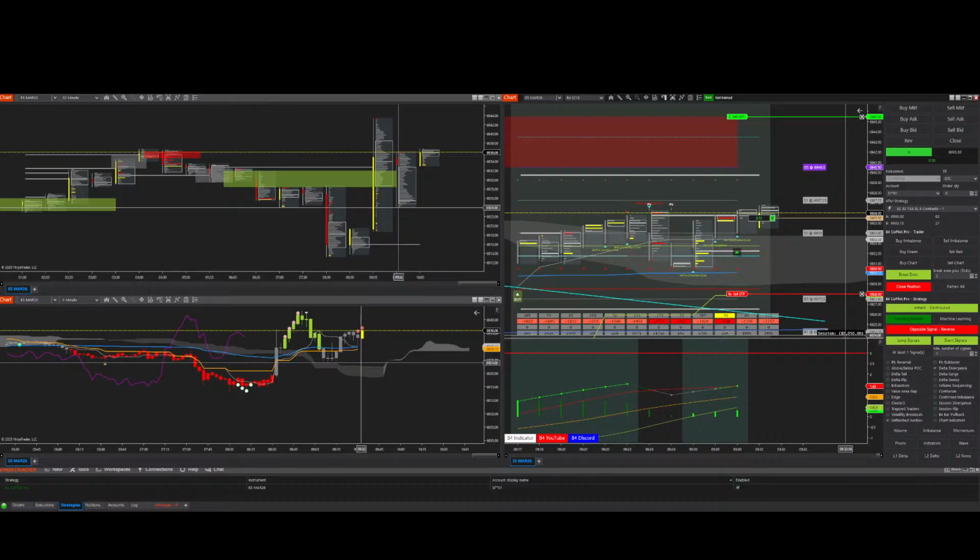So volume starting to build up. Stop filled. That took us out. Part of that volume was a lot of sellers stepped in. So now we're still negative in the account, it's 1450.